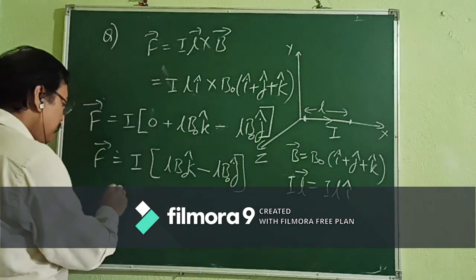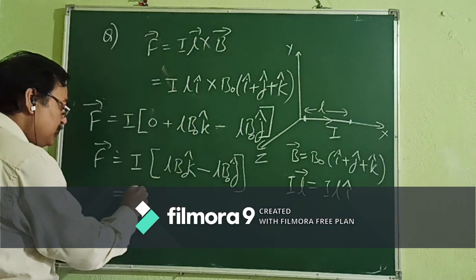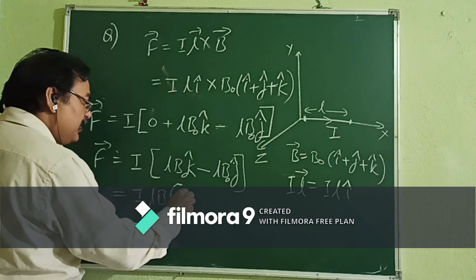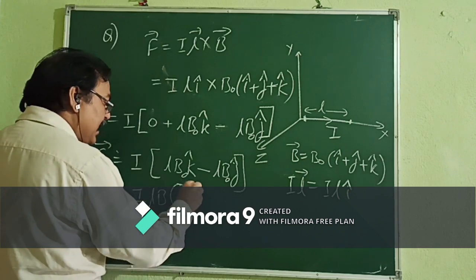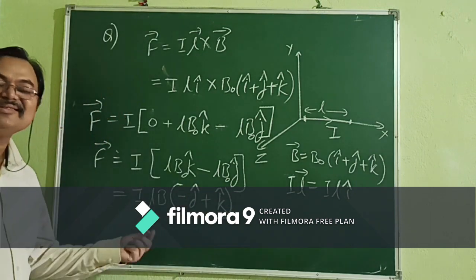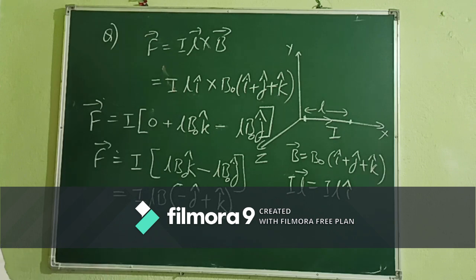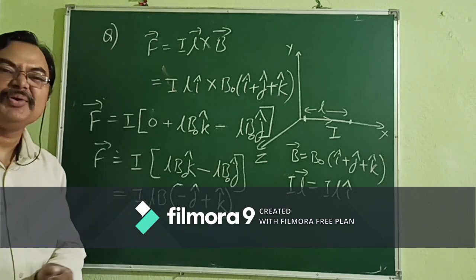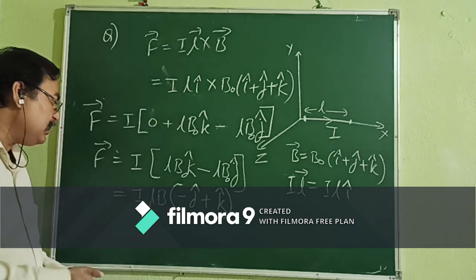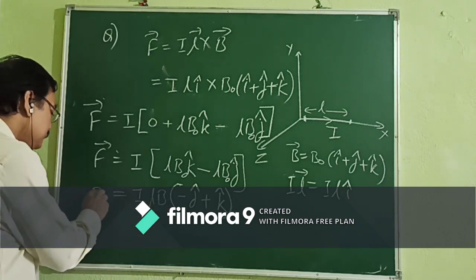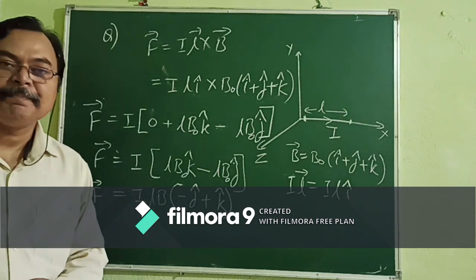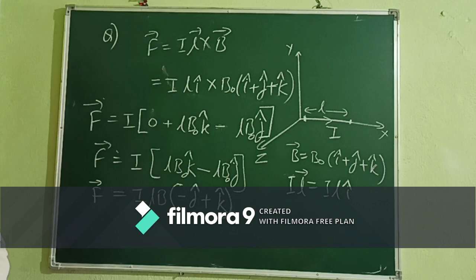So we can take this IL common, sorry, LB common. So ILB, and what we have is minus J cap plus K cap, because this is the order we used to follow. First we write the Y component, and then the Z component, X, Y, Z. So this is the force, in direction as well as in magnitude, acting on this conductor. Just note it down.